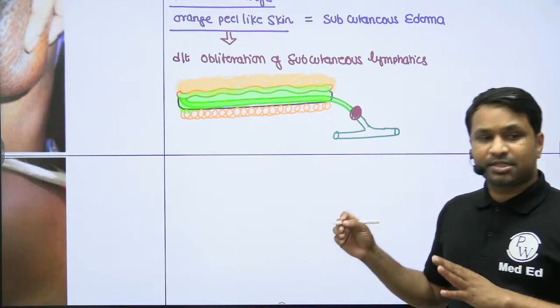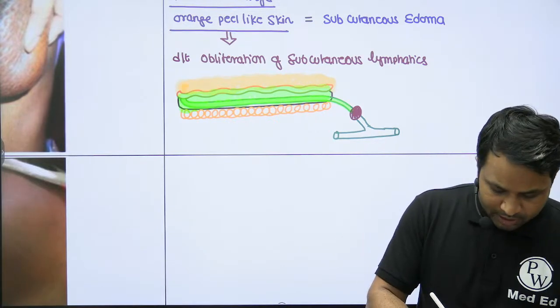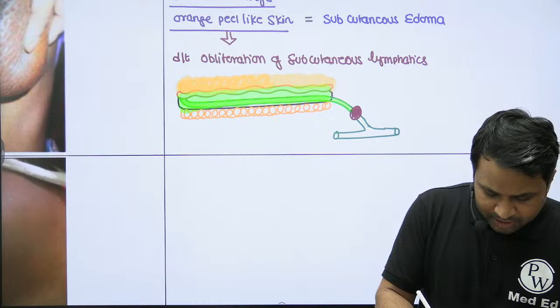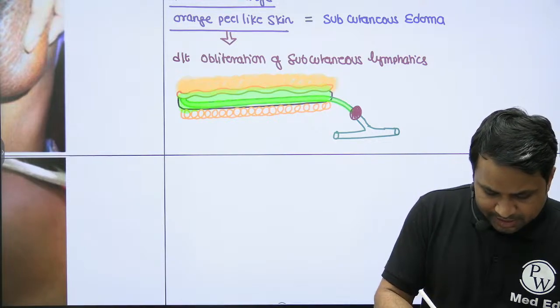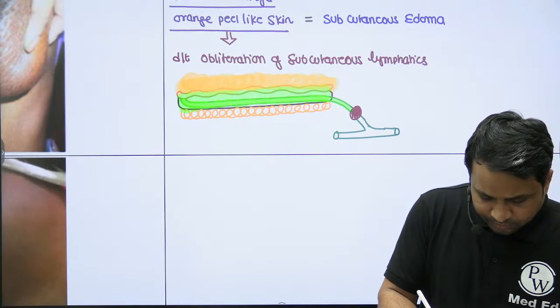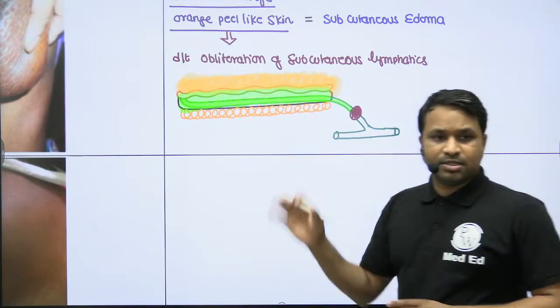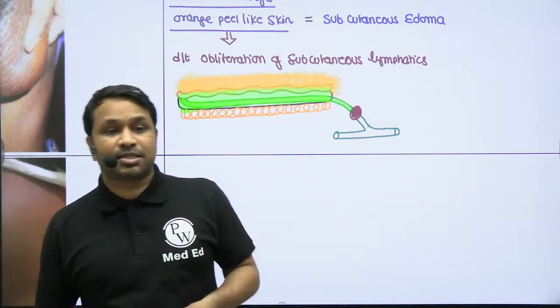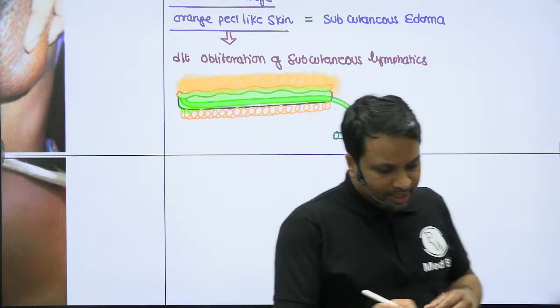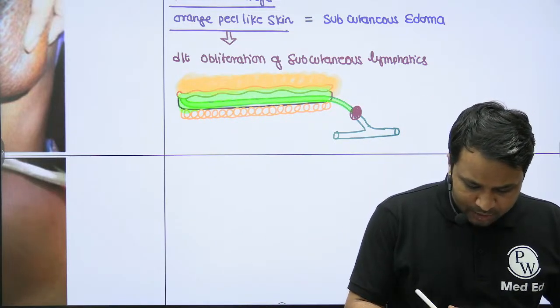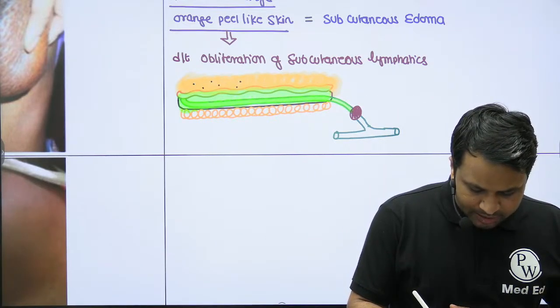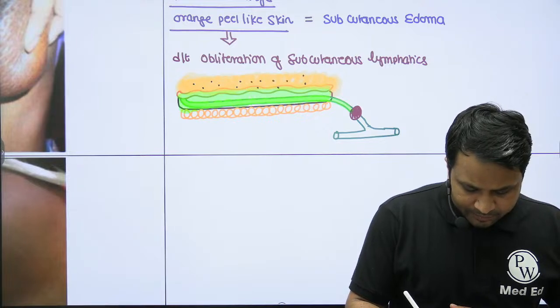This edematous skin will give you a classical peau d'orange appearance, a classical orange peel like appearance. The skin is filled with edematous fluid, and it will appear like this. When you observe carefully, you see these pores are present, and this porous skin becomes quite evident.